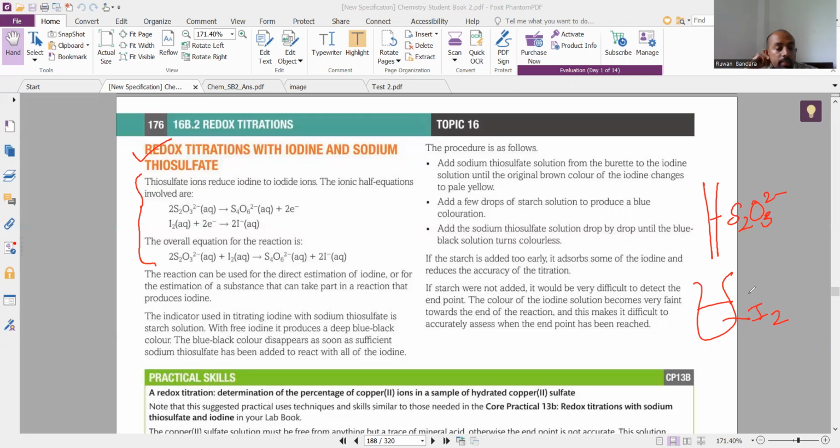Starch produces blue-black color with iodine. Blue-black color with iodine.